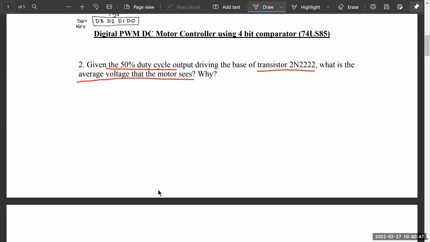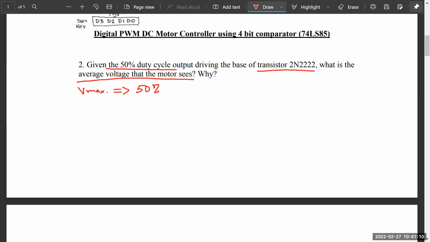Well, that is the information that we just covered. You find the Vmax value, and then you average it out, and 50% of Vmax would be what the motor sees. So that's question number 2.